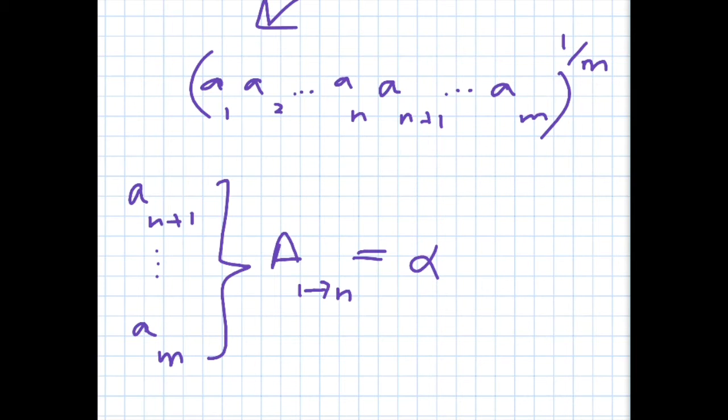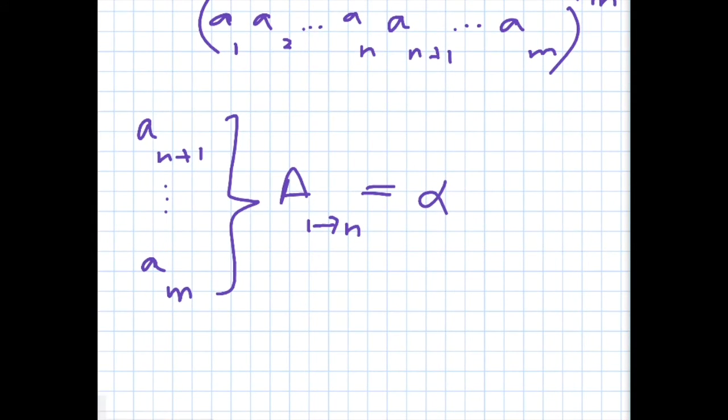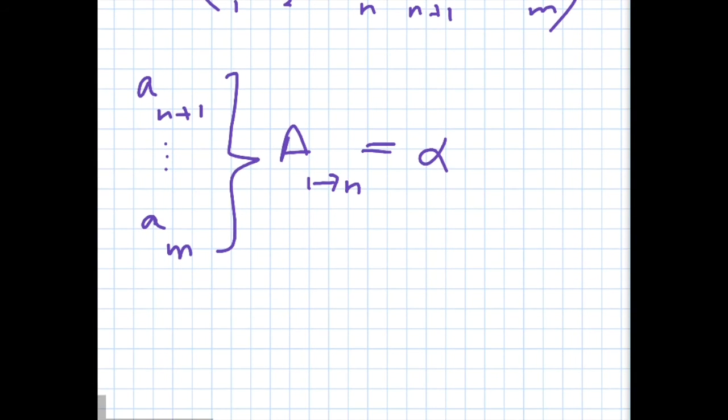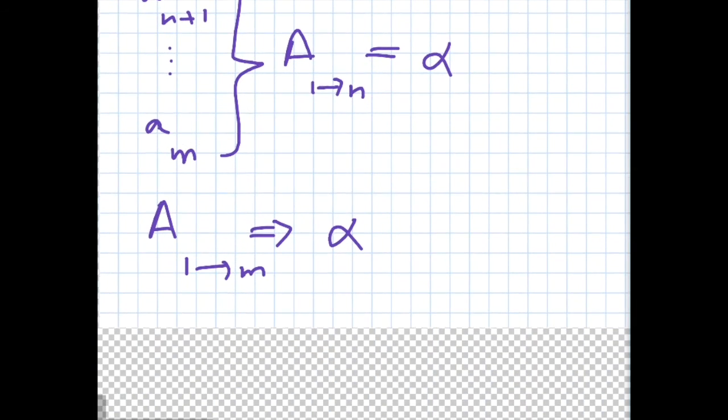Now my question is, if the arithmetic mean of 1 to n is alpha, and all the numbers from a(n+1) to am are also alpha, then what is the arithmetic mean of 1 to m? My conjecture is that this is also equal to alpha, but let's see.